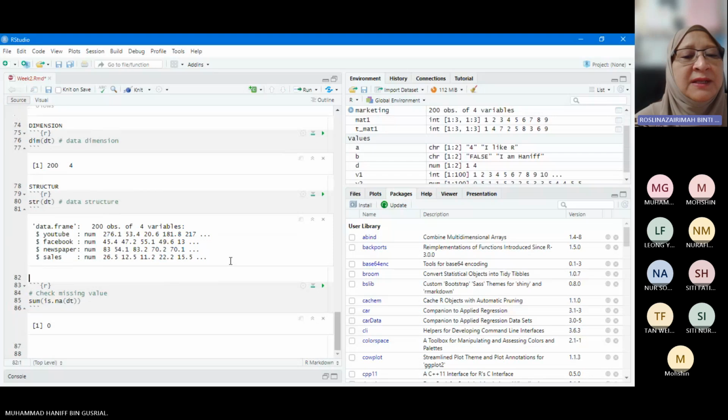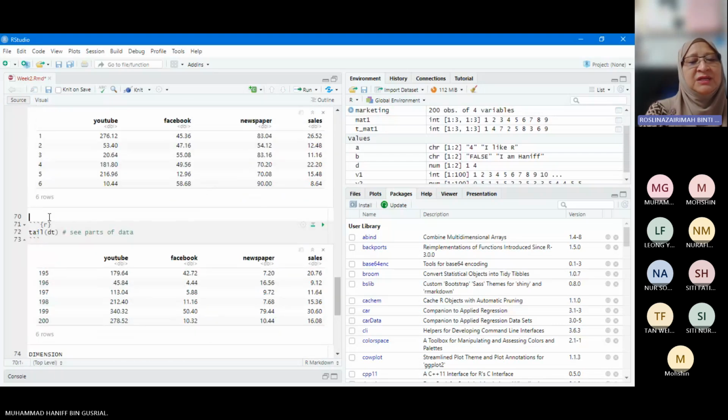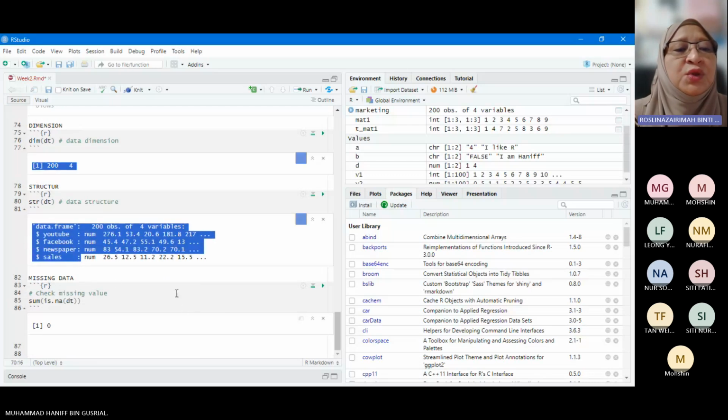They put budgets to advertise their products using advertising media: newspaper, Facebook, and YouTube.